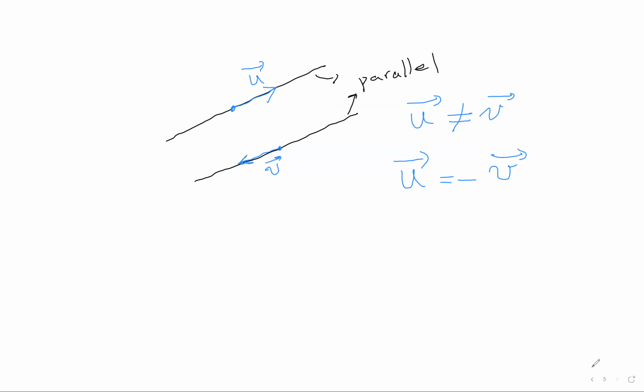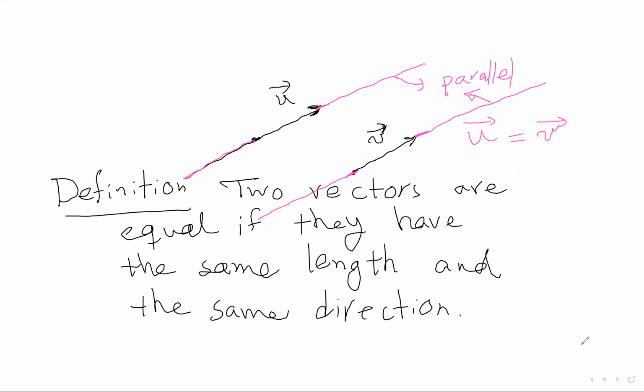So because of this definition that we have here, the two vectors are equal if they have the same length and the same direction. When I draw any vector in the plane, so suppose I draw any vector, say this vector U, there are infinitely many vectors equal to U. So I can draw some of them here.